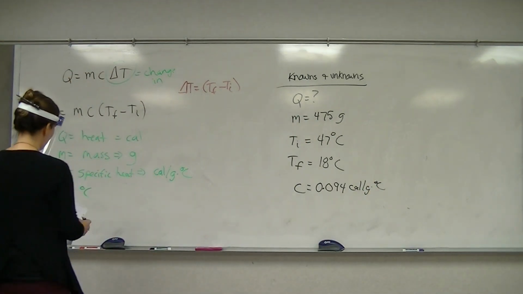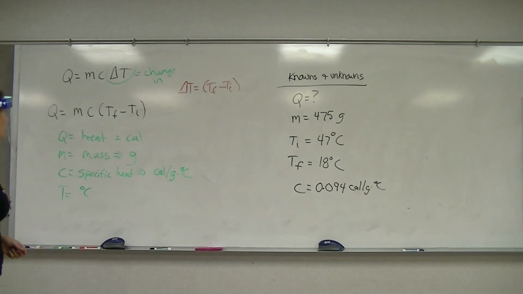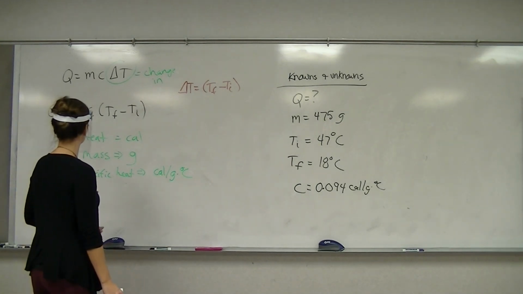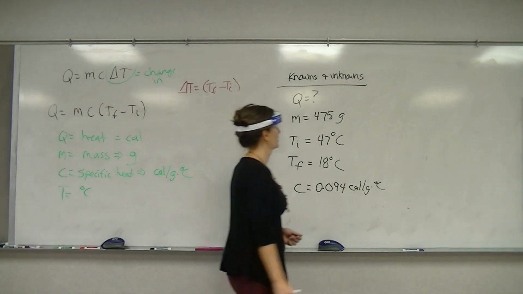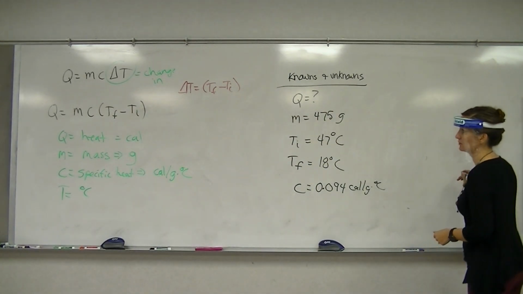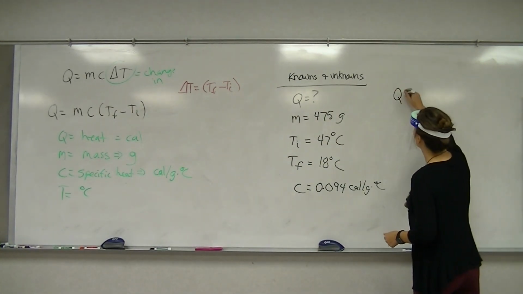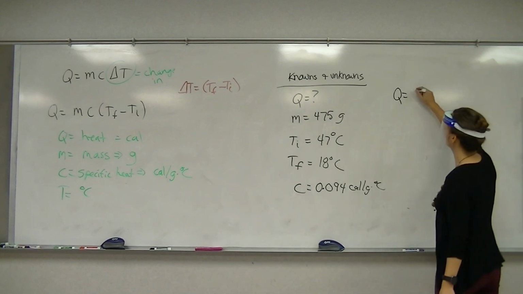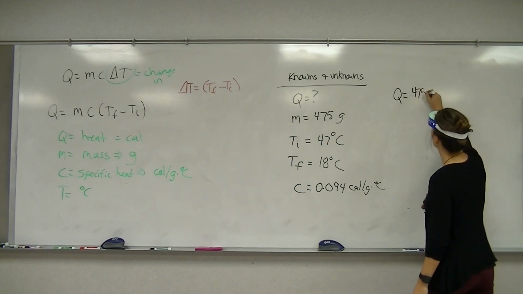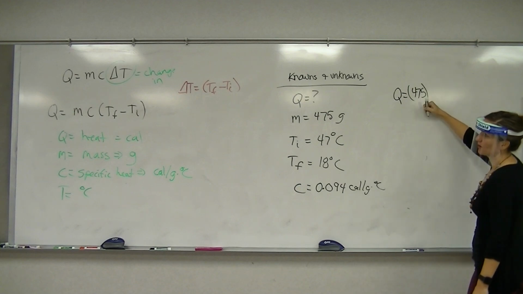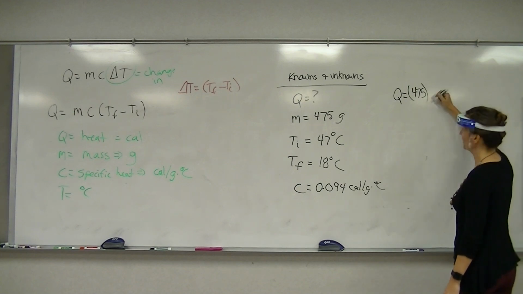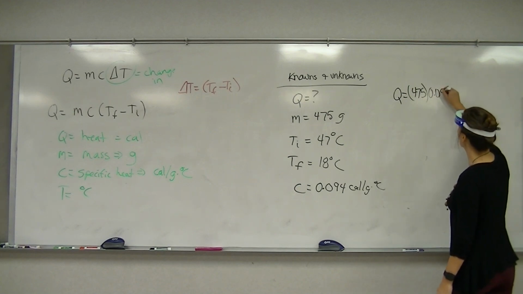Now I have all my variables, and I can plug them in. So we have Q is equal to mass first, so 475, times our specific heat of 0.094.